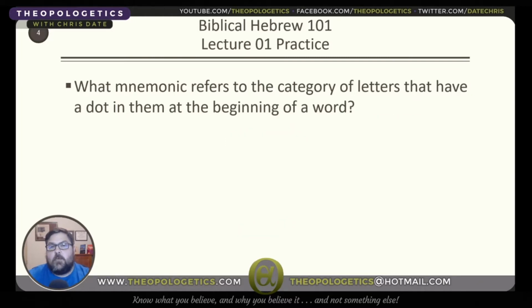Next question: what mnemonic or memory device refers to the category of letters that have a dot in them at the beginning of a word? Again, the question is, what mnemonic refers to the category of letters that have a dot in them at the beginning of a word? The answer is Begad Kafat.